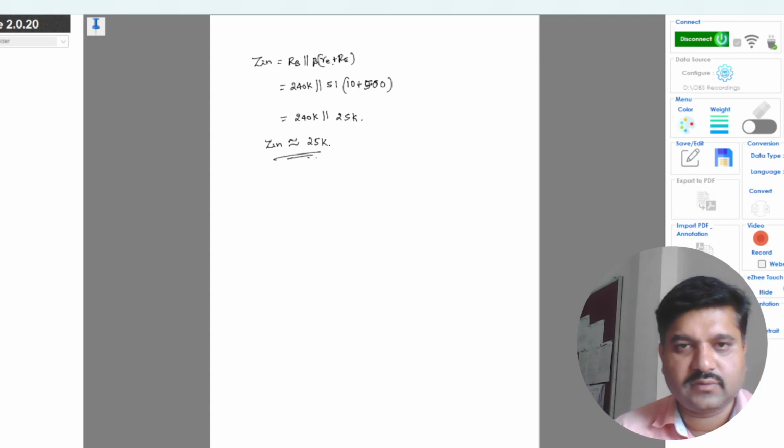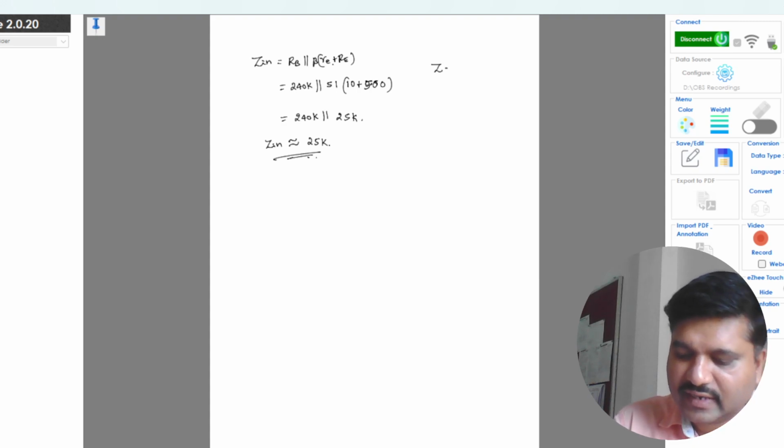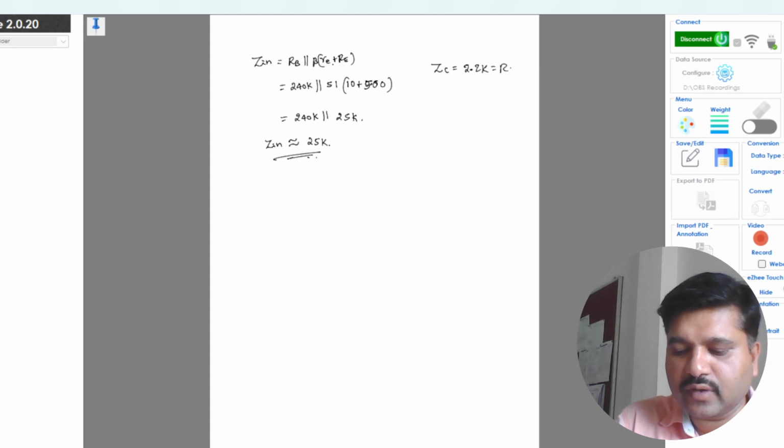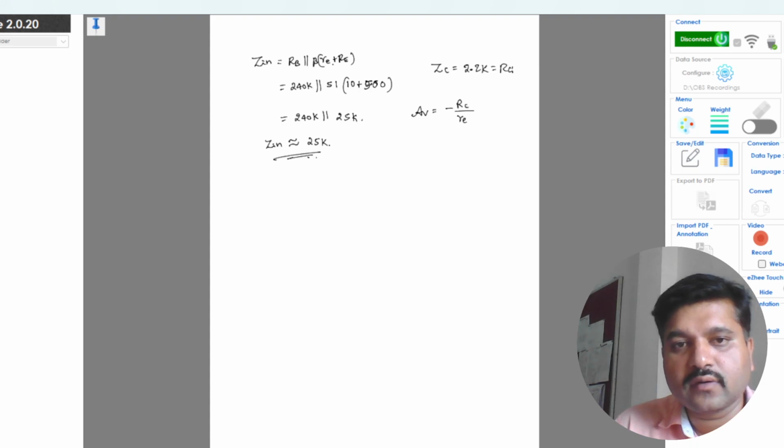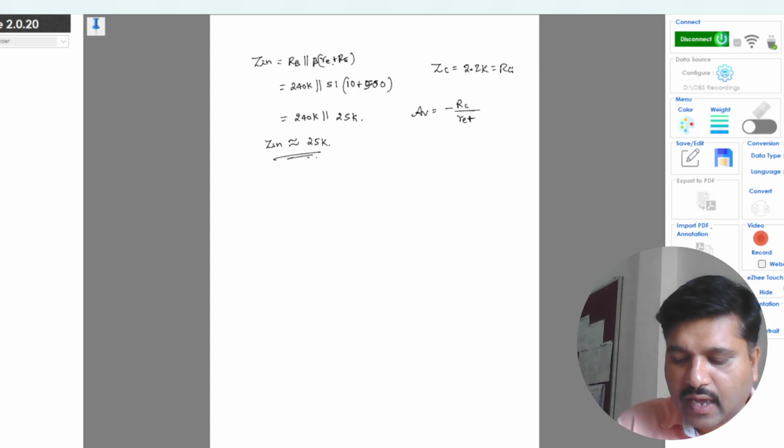Okay, so that is just an approximation value, and Zo will remain the same as 2.2k, which is equal to RC, and the gain, which was RC by re for fixed bias, now for the emitter bias is RC by re plus RE.